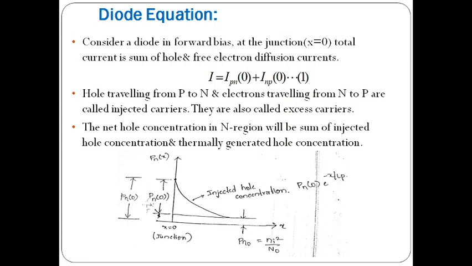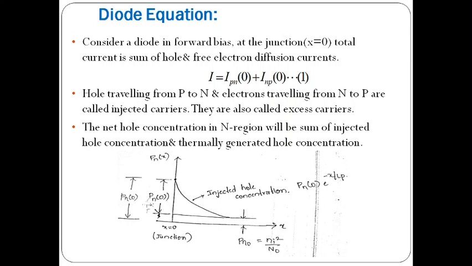It is the distance after which the injected or excess hole concentration in the N region recombines. That means Lp is the diffusion length of holes: after injection into the N region, how much distance it travels before recombination.